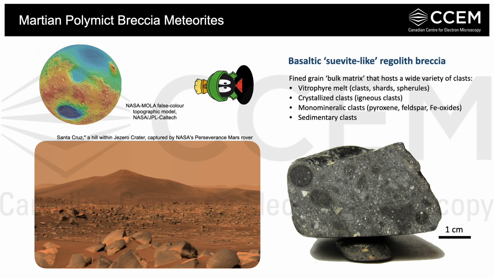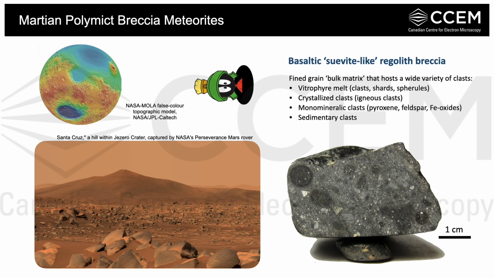So this next rock is part of the Martian Paul-McBreshan meteorite family, and these are recognized as a rare sample of Martian regolith. So this is another word for a layer of rock fragments that cover the surface of a planet, also meaning that this meteorite has a chemical composition that closely resembles the bulk Martian crust.